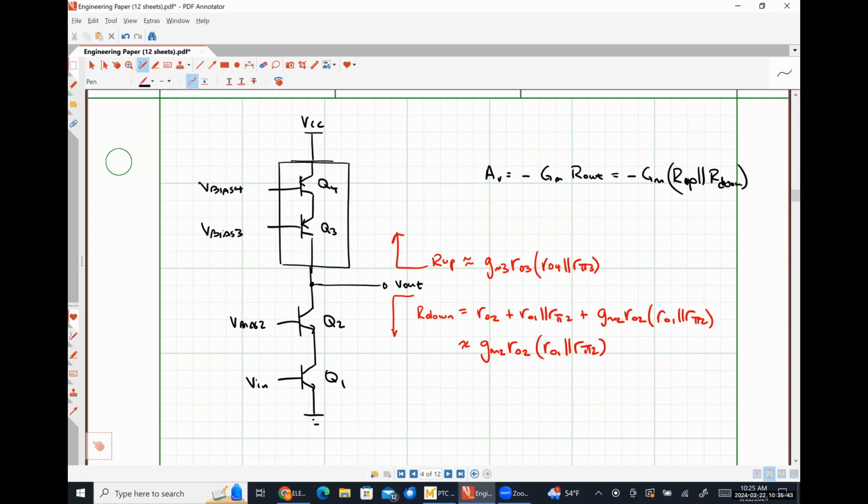Our output resistance is always effectively just going to be whatever we see looking up towards AC ground in parallel with whatever we see looking down towards AC ground from the output node, which, like I said, we haven't explicitly done, but if you go back to some of my approaches where I'm just like, oh, well, this thing's in parallel, so we're just going to tuck it in later, that is exactly what I was doing.